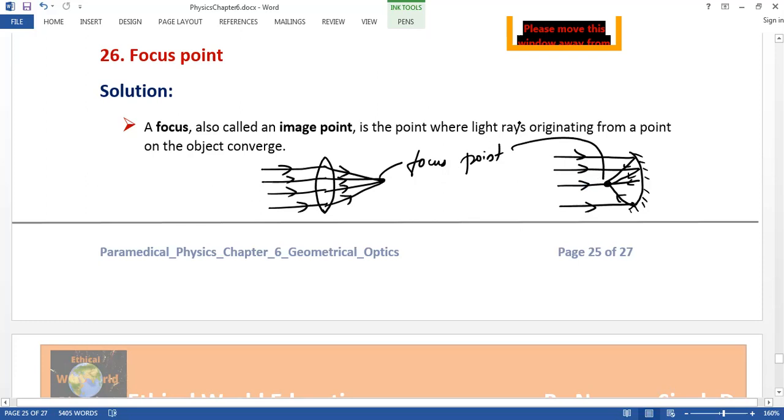So we can say that when all the rays meet at a particular point, that point is called the focus point. This is the complete information about the focus point.